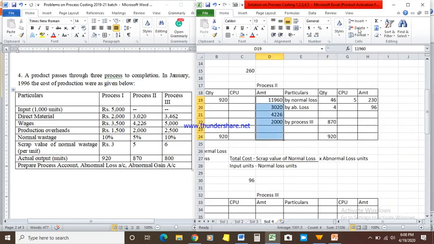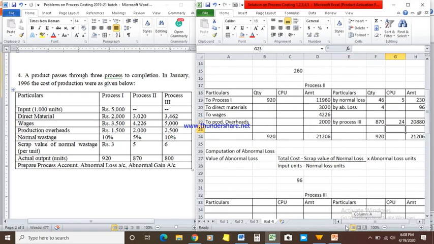So the value of this actual output is 21,206 minus 230 minus 96. If you want, you can write the per unit cost: 24 is the cost per unit.